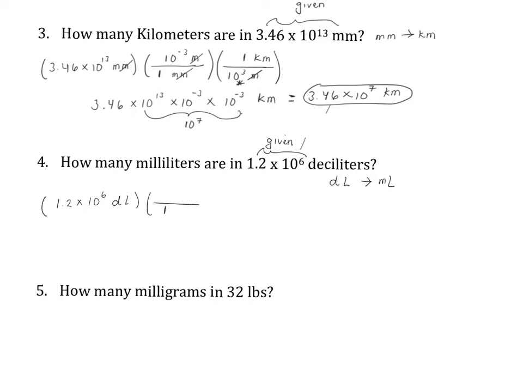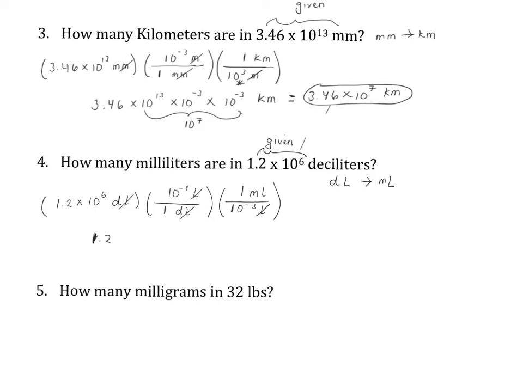We know that in 1 deciliter, there's 10 to the negative 1 liters. And there's 10 to the negative 3 liters in 1 milliliter. Our liters cancels out, deciliters cancels out, and again, we don't have to use our calculator, using our exponent rules.